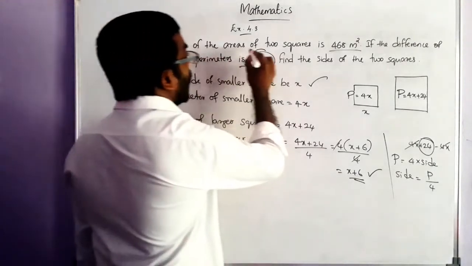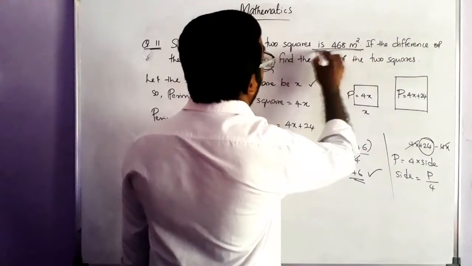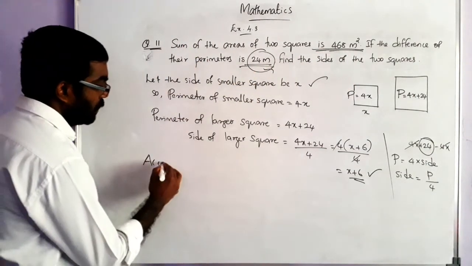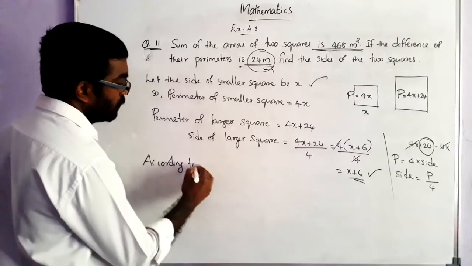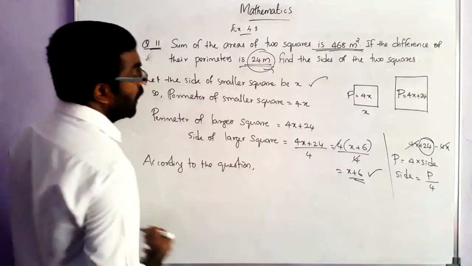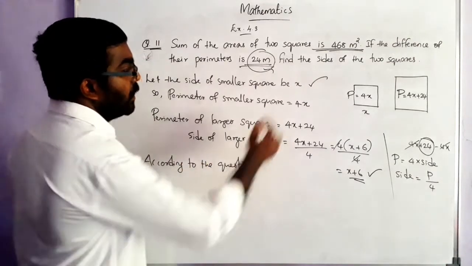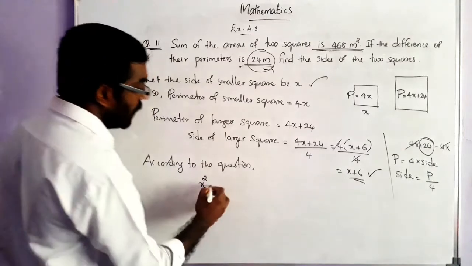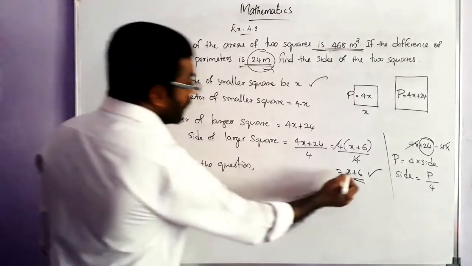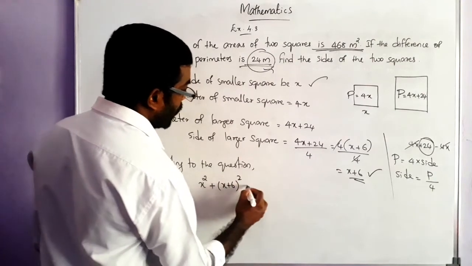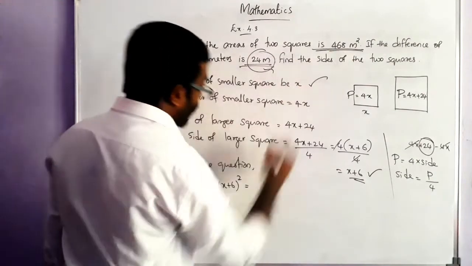Sum of the areas of two squares is 468. So according to the question, we can write the sum of the areas. Here the side of the square is x, so the area will be x square. Then plus, here the side is x plus 6, so the area is x plus 6 the whole square, which is equal to 468.